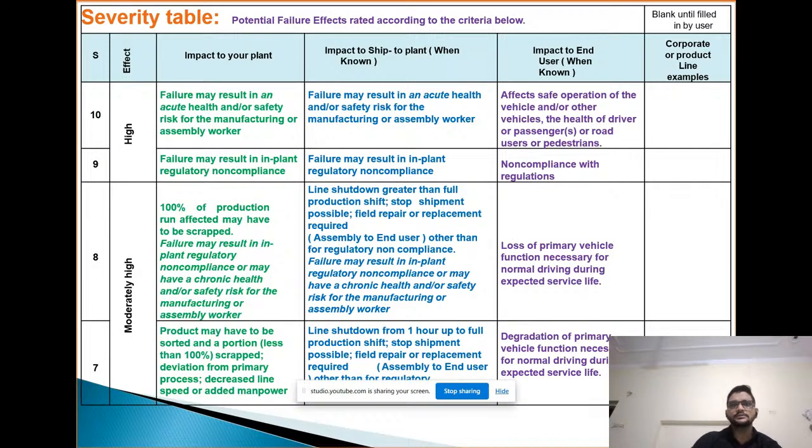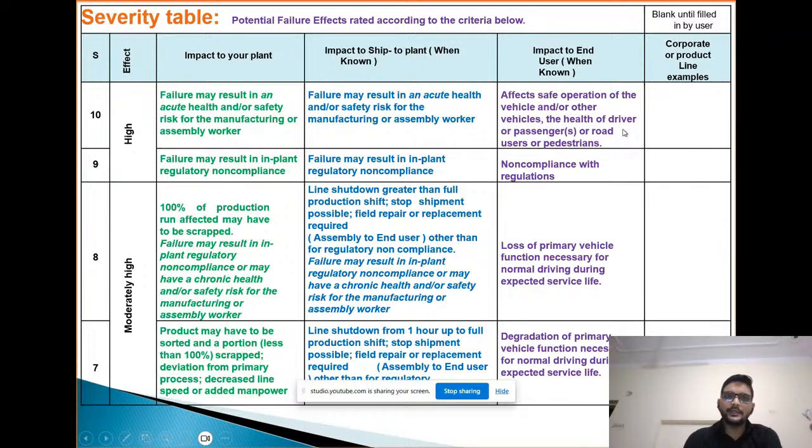Next, this is the severity rating. In the severity rating, the potential failure effect is rated according to the criteria. Now, the first effect is very high, meaning severity rating is 10 and 9. The effect is very high, meaning high.